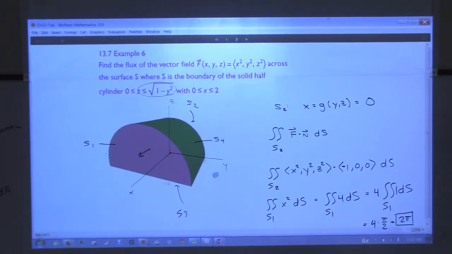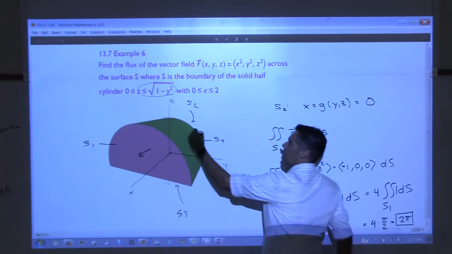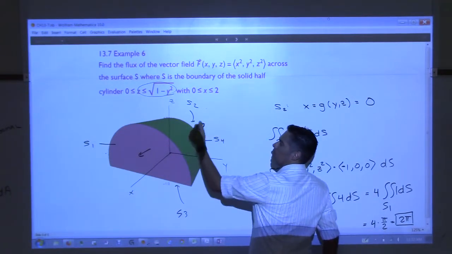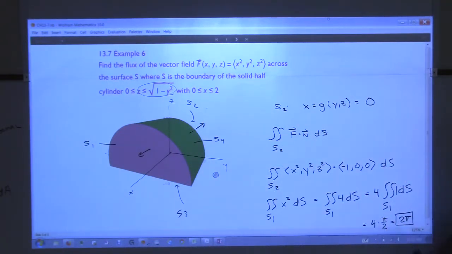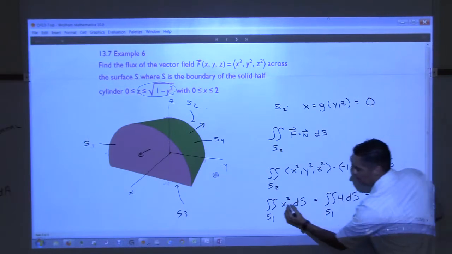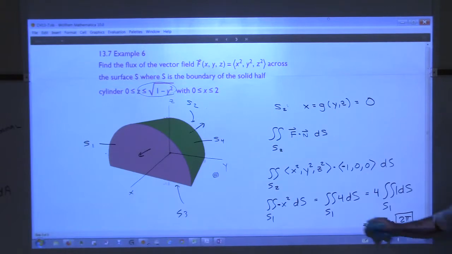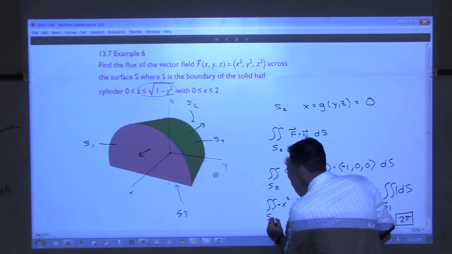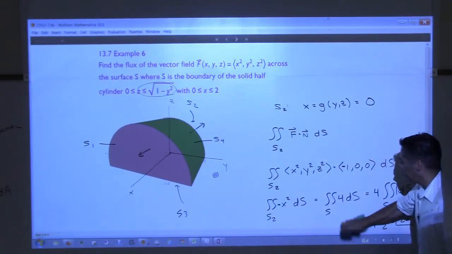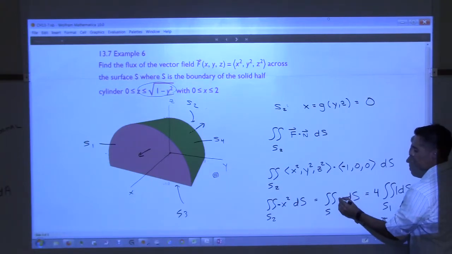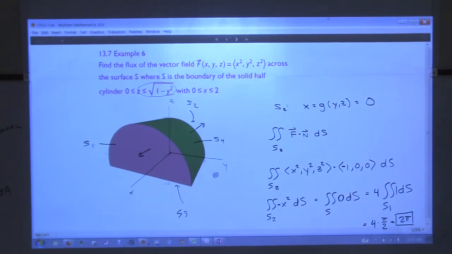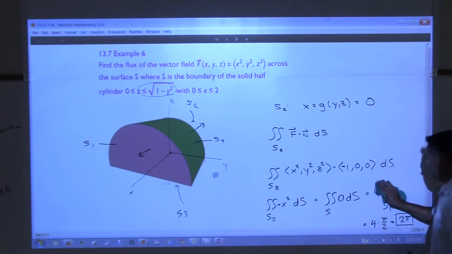It's pointed out the other way. Remember that normal's out the backside. So when we dot it, we'll get, what, negative x squared here? But what's x? 0, so we get 0 here. Understand that? And so the answer is 0.